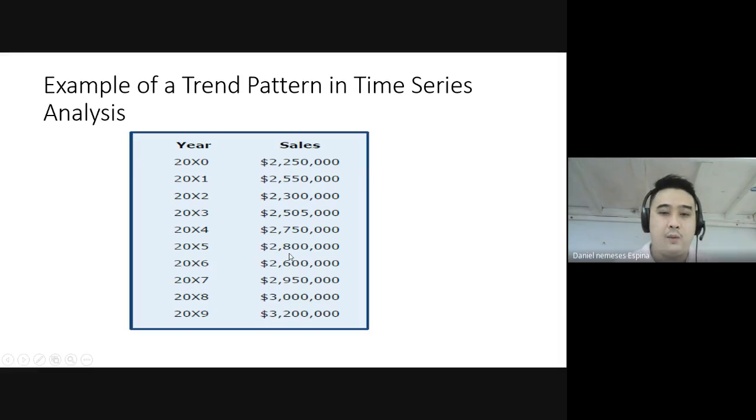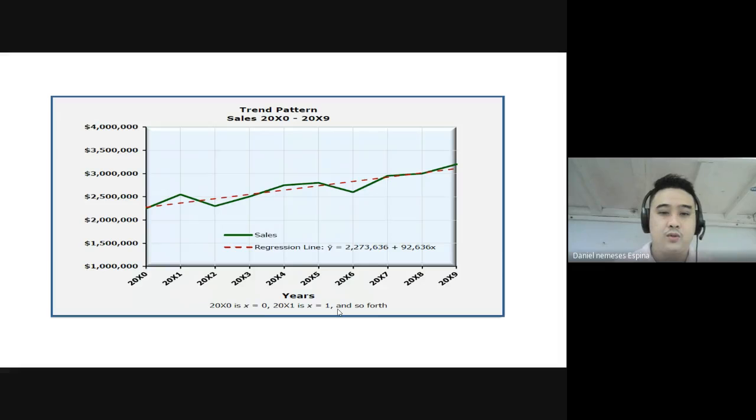However, there are also data that sometimes decrease, sometimes increase, sometimes decrease. But overall, from 2010 to 2019, their sales increased. Okay, so this is the graph for a trend pattern. The green line is the actual sales.